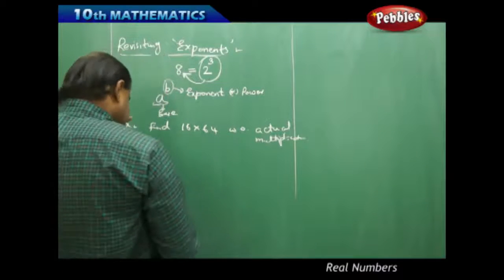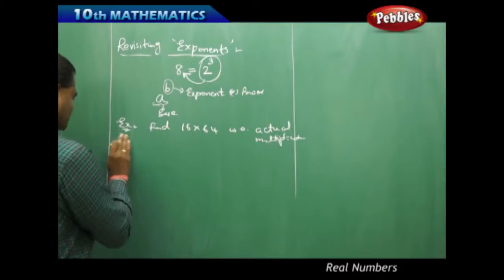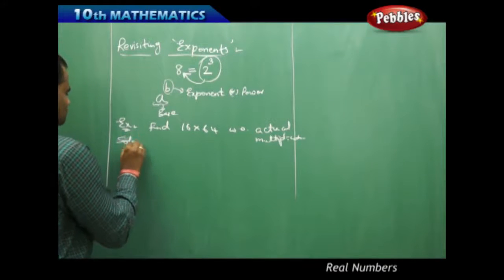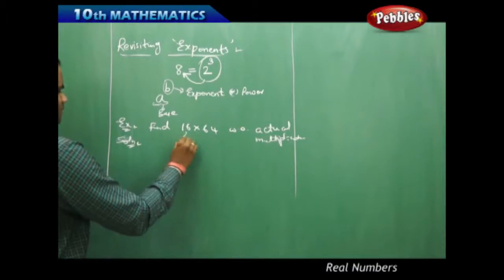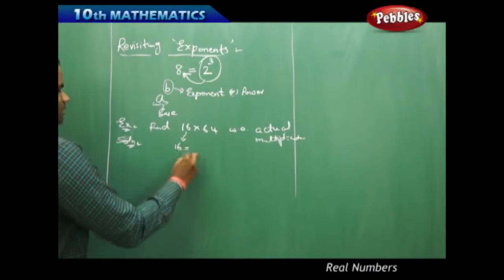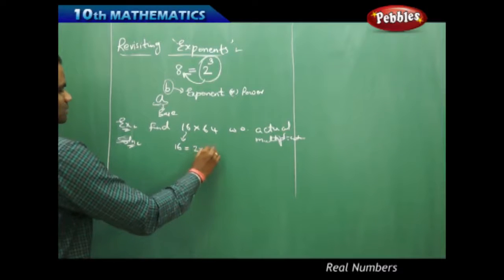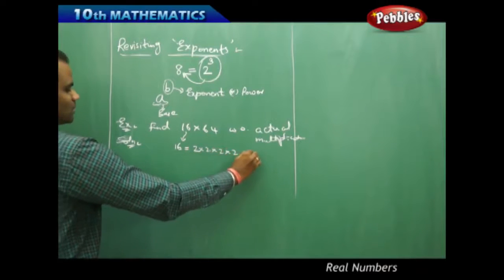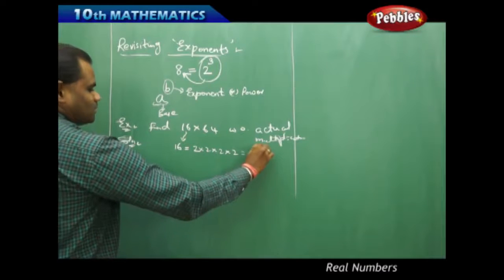So let's take this and see how I can do it without actually multiplying the two values. Let me take the first value, which is 16, which can be written as 2 times 2 times 2 times 2, which gives me 2 power 4.